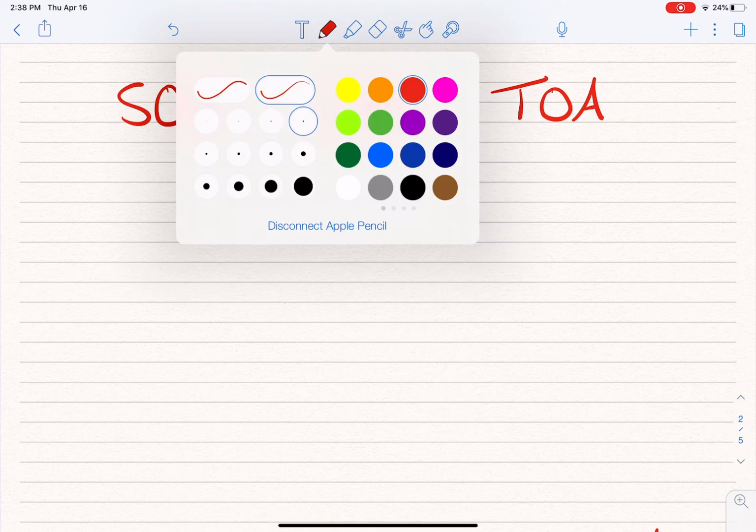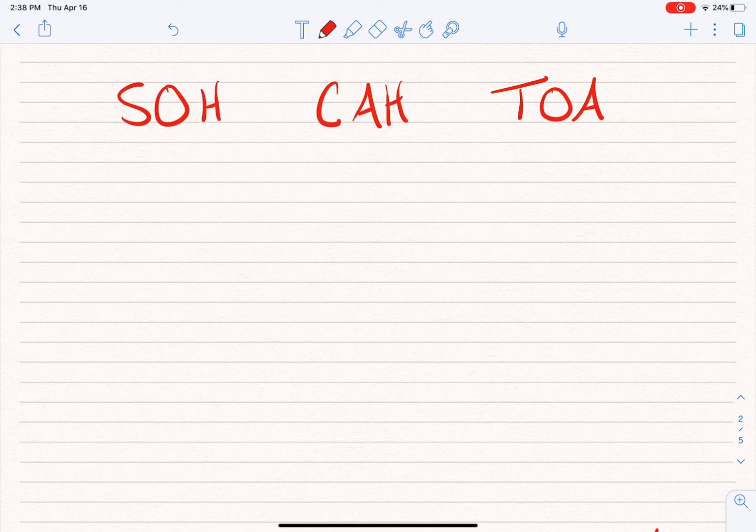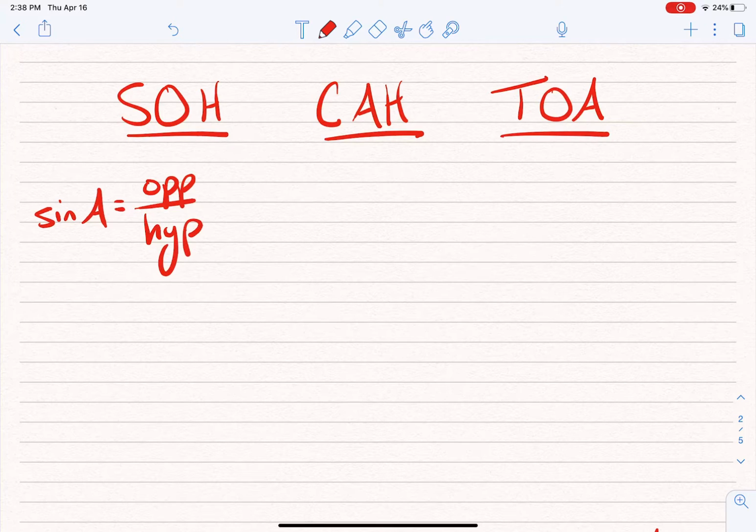And we've talked about SOHCAHTOA a bunch, and so you should feel pretty good about it. We've got to remember what that means. It means that sine of any angle is equal to the opposite over the hypotenuse. So SOH. And CAH is referring to the cosine of any angle being equal to the adjacent over the hypotenuse.